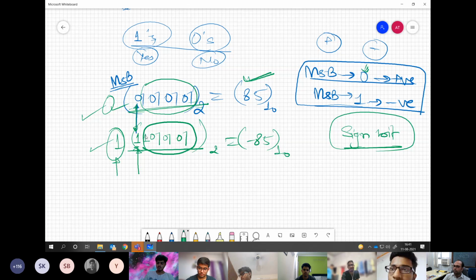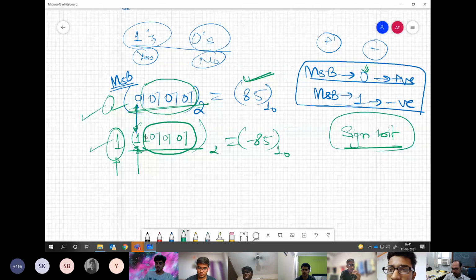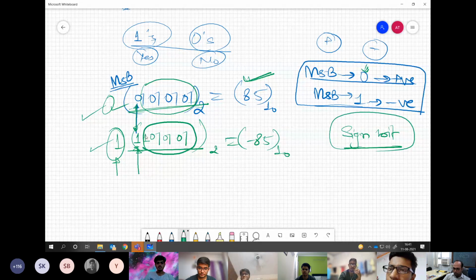Sir, its value will change if we add one as the most significant digit.